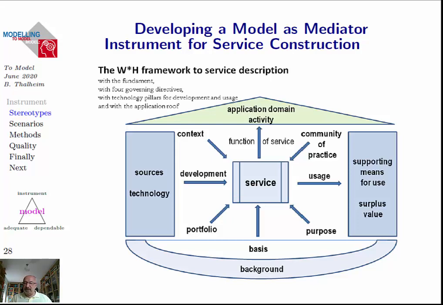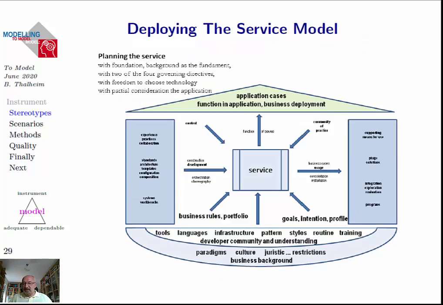Now we would like to use this service specification description in a way that we know which properties, which kind of goodies we get. We can use the workflow behind the service realization and separate different phases.